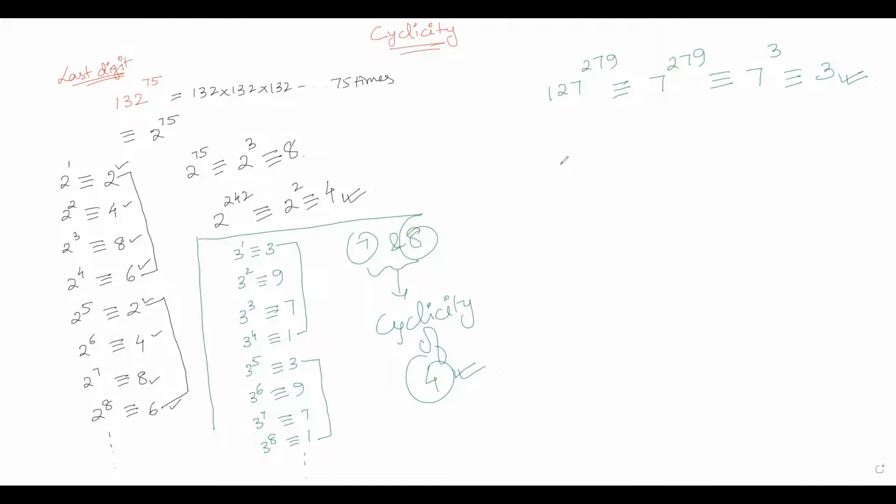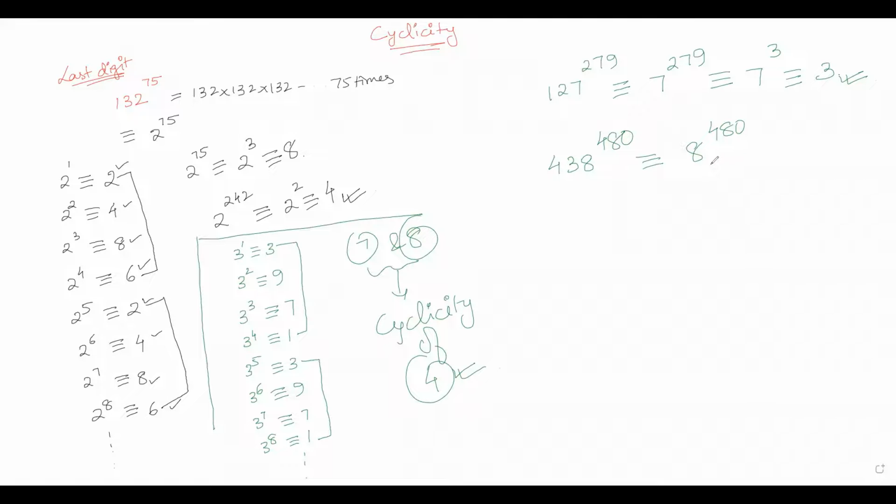Also, let us take one example for the higher powers of 8. Say I take this number 438 raised to power 480. Say I want to find the last digit of this number. So again, the last digit of 438 raised to power 480 would be same as the last digit of 8 raised to power 480.